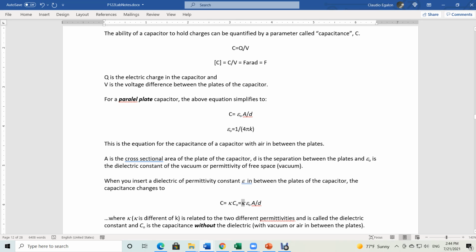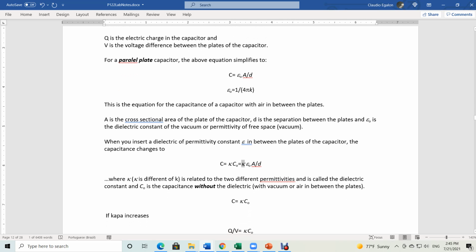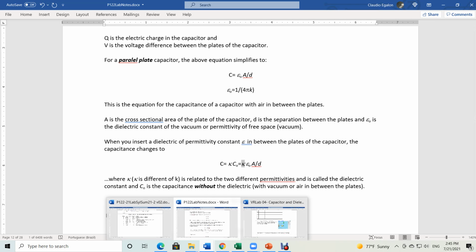And this kappa has a name: it is called the dielectric constant. With vacuum or air between the plates, the kappa, the dielectric constant, is equal to 1. What we're going to do is put different dielectrics there and see how the capacitance changes. Let's do that before we go into a break.